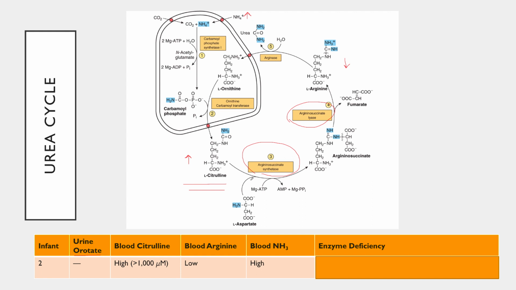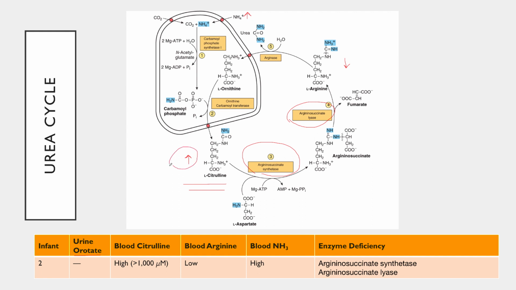This is in fact correct, as the enzyme deficiency represented here is in either of these two enzymes. In this case, it's more likely that arginosuccinate synthetase is deficient due to this extreme level of citrulline elevation.